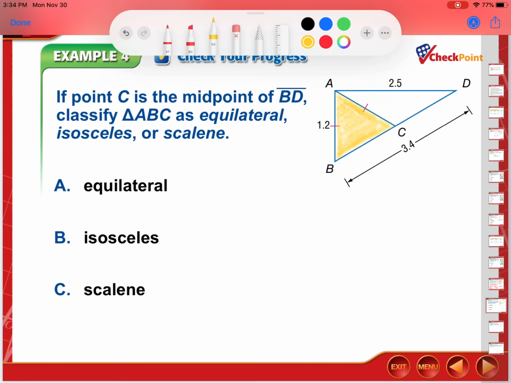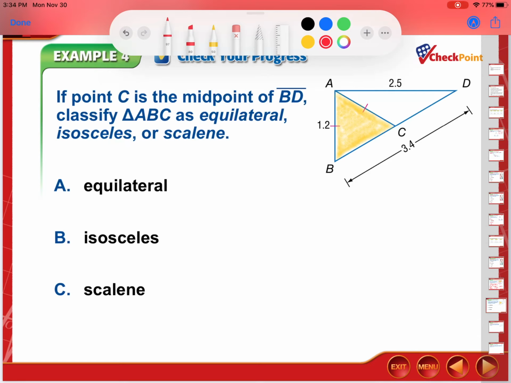The reason I color these is because it's easier for me to see what I'm trying to classify if I color it in. Personally, I have a rough time, even sometimes with the outlining. So for me, it's easier to just color it in, which is something that you guys should feel free to do as well on your tests and quizzes. It might be beneficial to you.